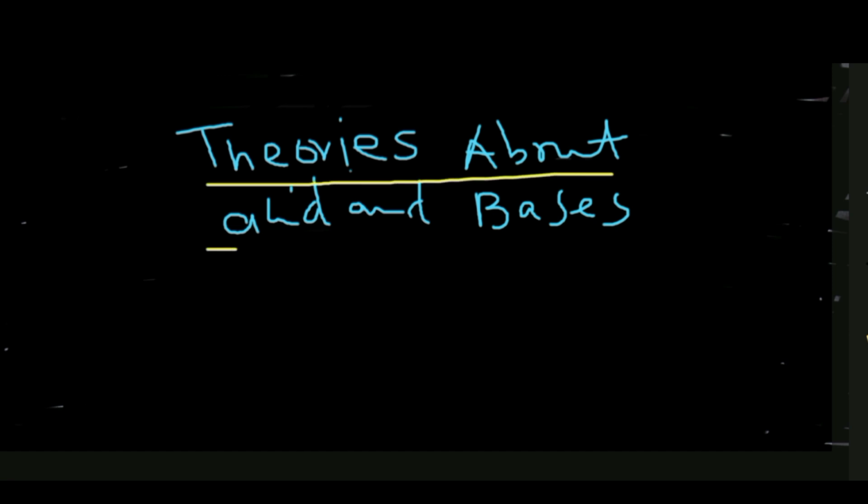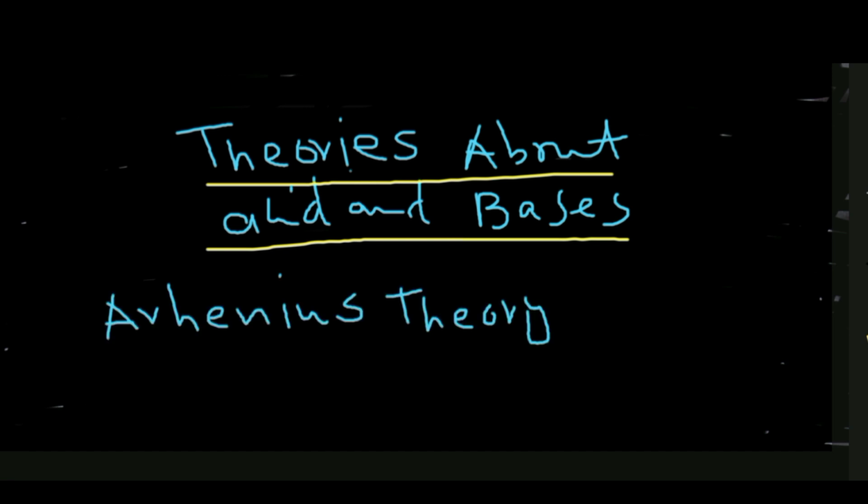Theories about acids and bases. There are various theories about acids and bases. The first one is Arrhenius theory. Arrhenius theory says that an acid is one which produces hydrogen ions in aqueous solution. As we previously discussed, acids give H+ ions in aqueous solutions.